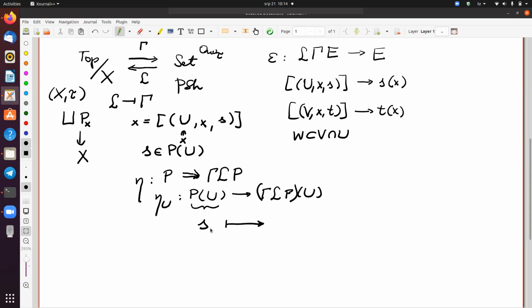So around every point X, there will be some new section S tilde, such that S tilde at X has to be something above X in this stalk P_X, and the stalk consists of such guys for various S's, but you take the same S, of course.